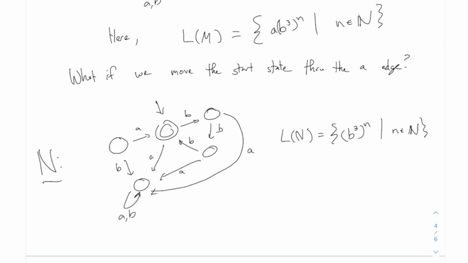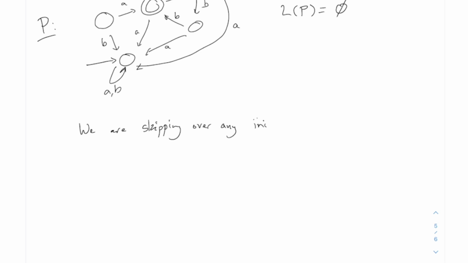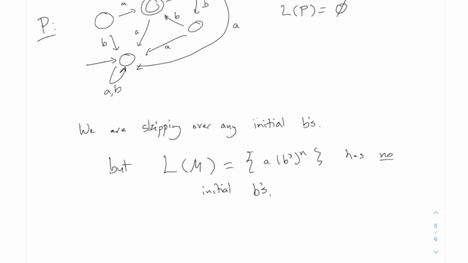It's as if we are skipping over any initial B's, but our original language, L of M, was A(B cubed) to the n, which has no initial B's. So when you do it in this case, you just end up with nothing.